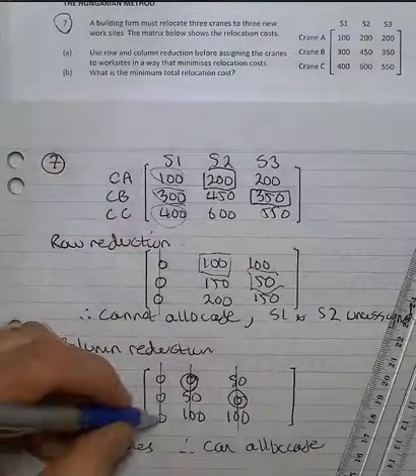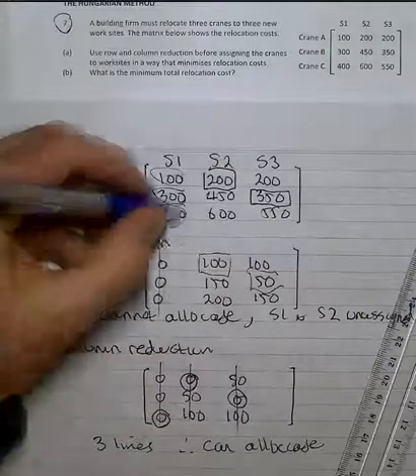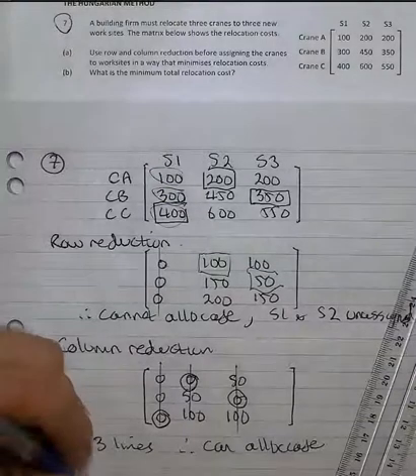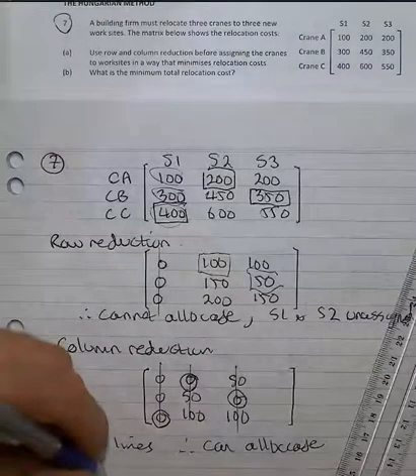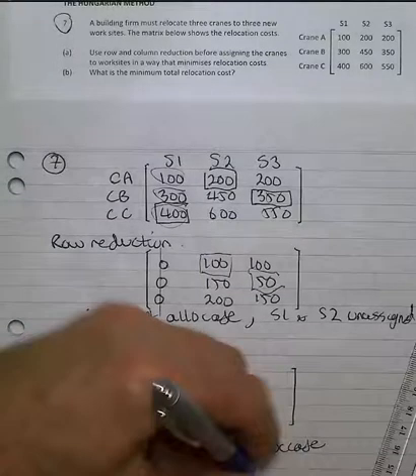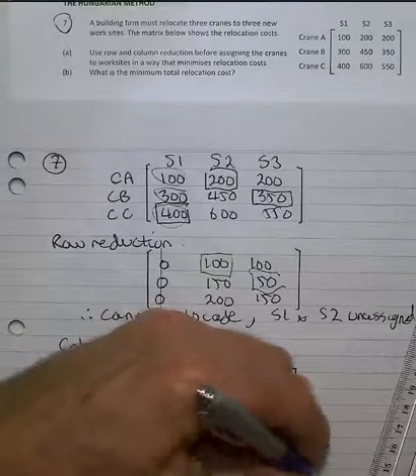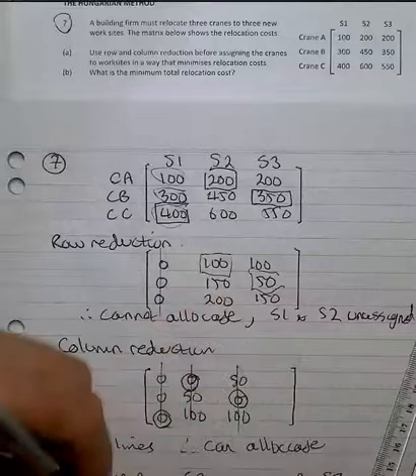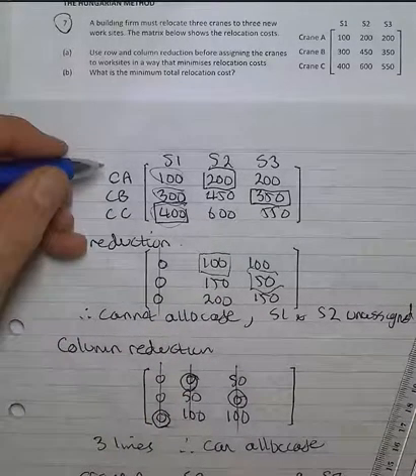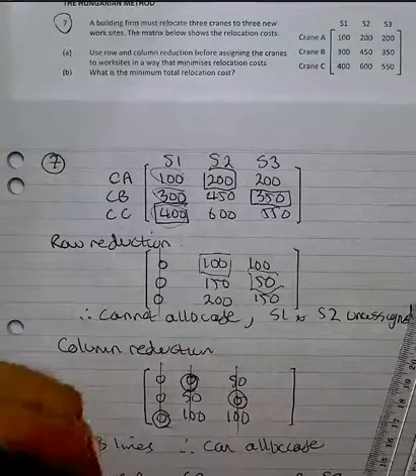And the only assignation I've got left is crane C to site 1. So I'll write that down. I've got crane A to site 2. Crane B to site 3. And crane C to site 1.